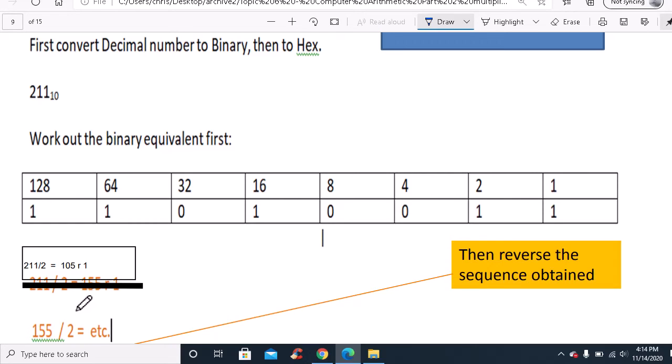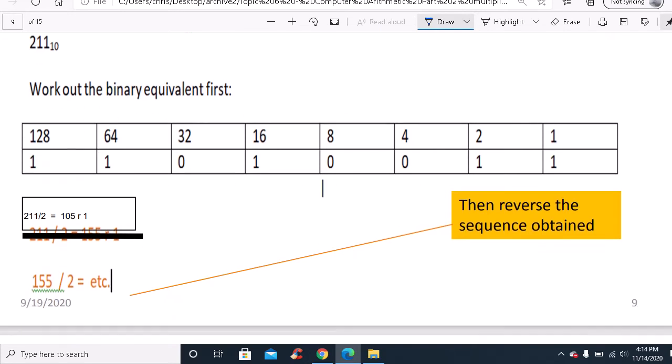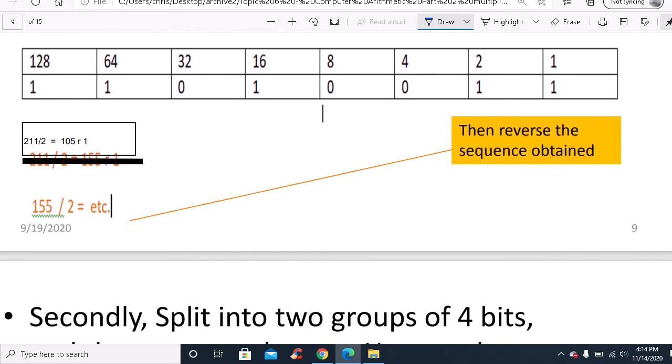And so on, and so on, and so on. So I'll give you a full example of this. We get a sequence of remainders. Look, here's a remainder 1. The next division results in a remainder 1. And you terminate at some point after you've divided until you can't divide the number anymore, but you've got all the remainders.